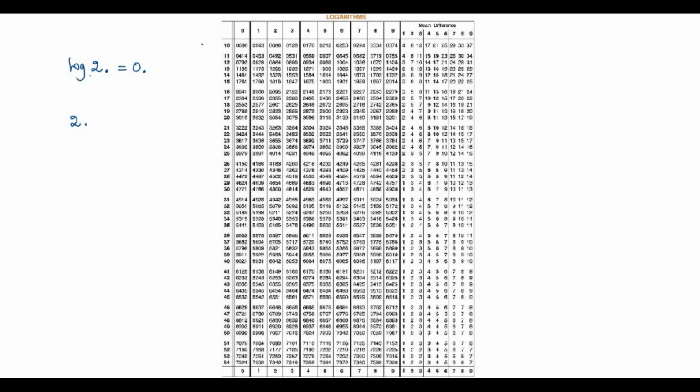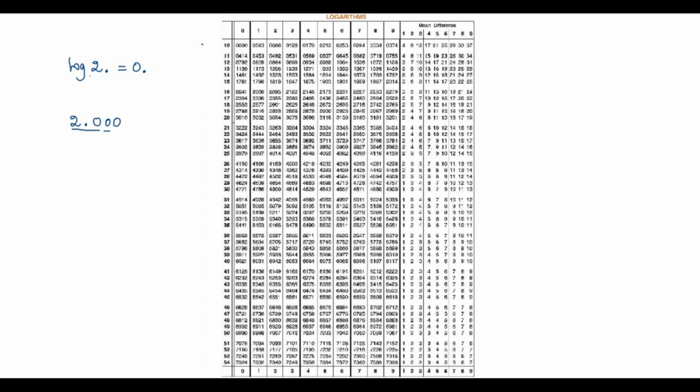Let's take this 2 and then a decimal point. After this decimal point, I take some zeros. In any number, zeros after the decimal point are not valid digits, so we can take any number of zeros after the decimal point. Now in the logarithm table we go to the 20th row and 0th column.